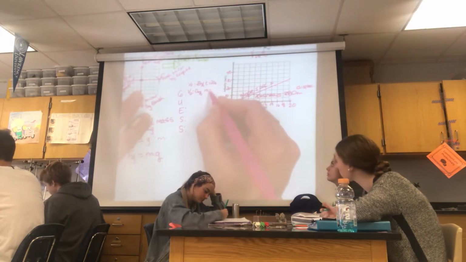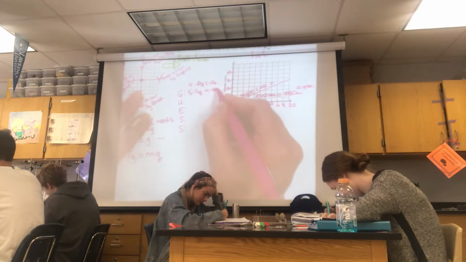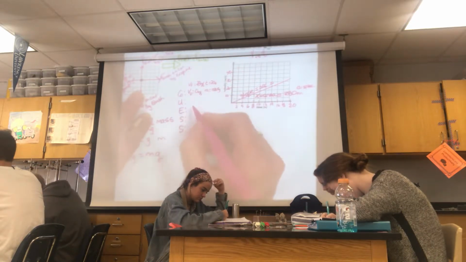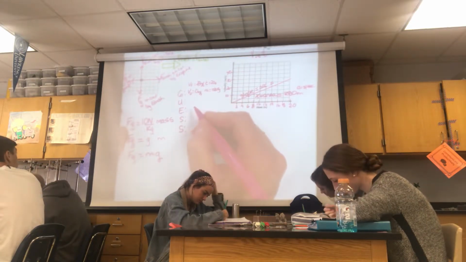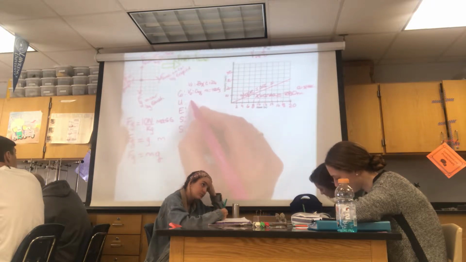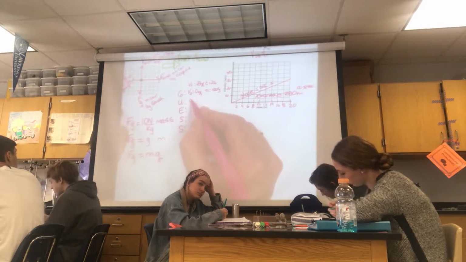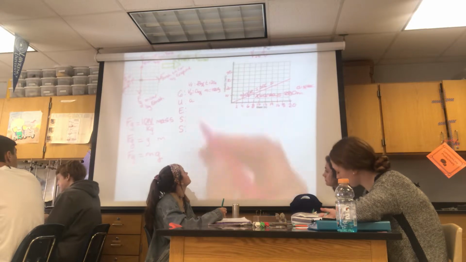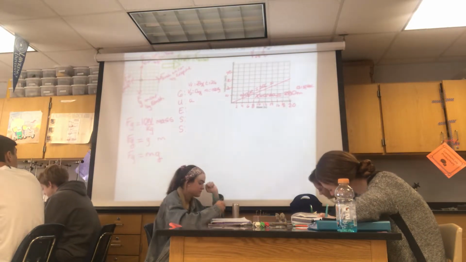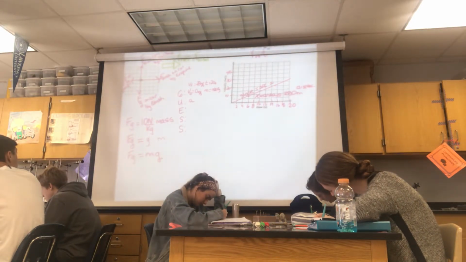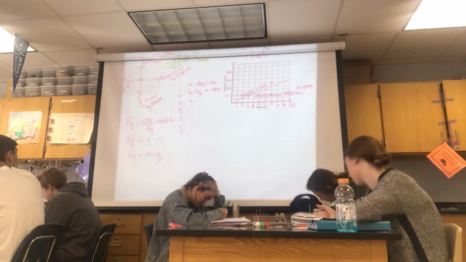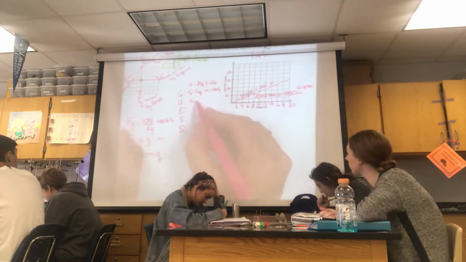Mass of the car is 1,500. Yeah? All right, what do they want me to find? Acceleration? Yeah? Okay, acceleration. They say average acceleration, but when you give the whole change in velocity over the whole change in time, that's going to give you average acceleration. So acceleration.